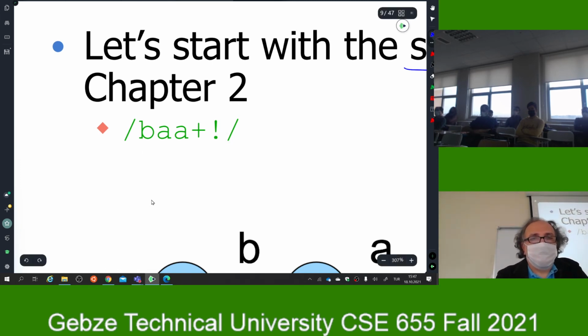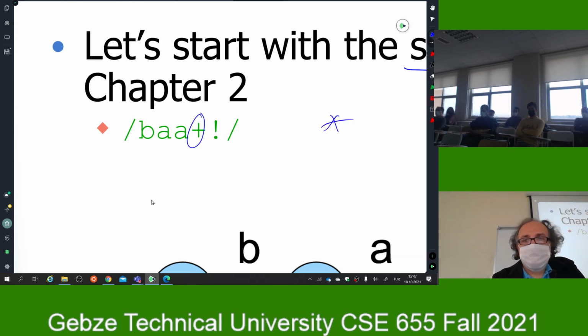You know the meaning of star? Star means zero or more. This means one or more, right? So this means every time I make a sheep language word, it has to start with a B, then A, then another A, then I can repeat this A as many times as I like, but at the end there should be an exclamation mark.